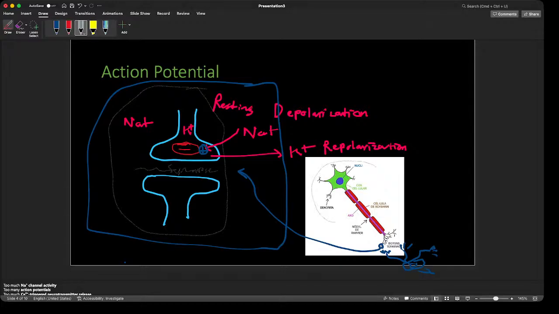You have the dendrites, you have the axon with the myelin sheaths. You probably learned this in basic anatomy and physiology, and then you probably have seen these bottom terminals or axon terminals. And you probably heard of the term action potential.